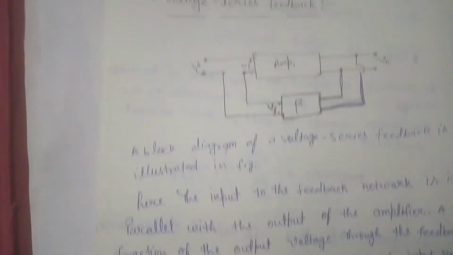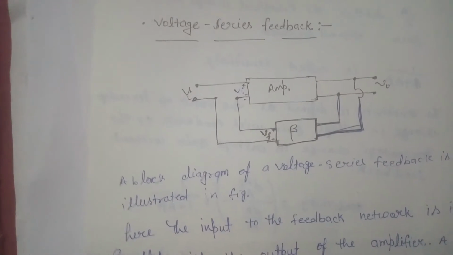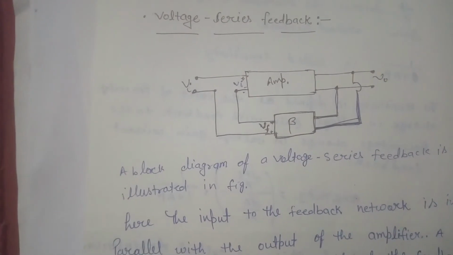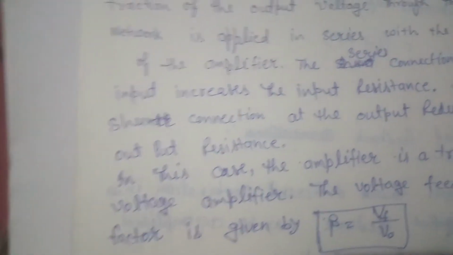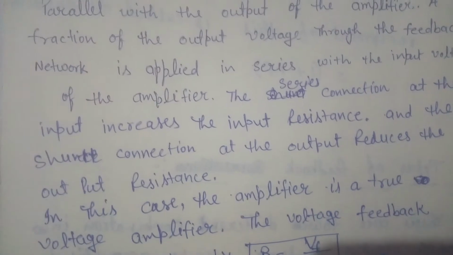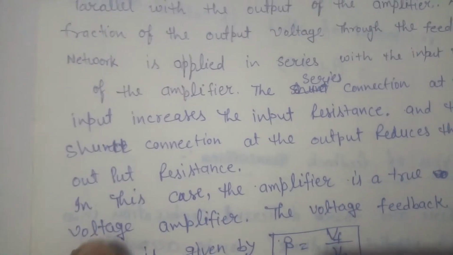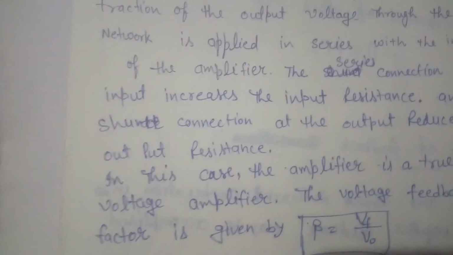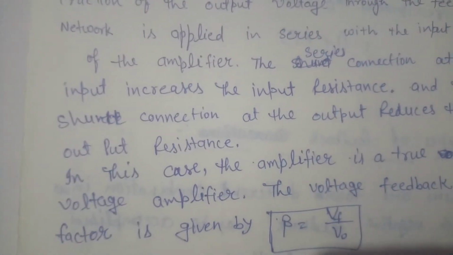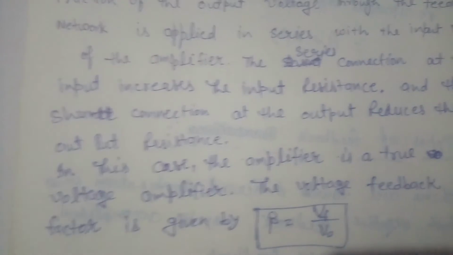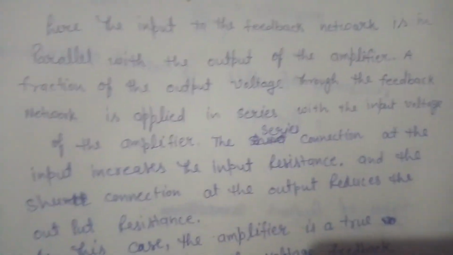So here the output and input are both in voltage form. In this case, the amplifier is a true voltage amplifier, and the feedback factor is given by beta equal to Vf over V naught, where Vf is the feedback voltage and V naught is the output voltage.